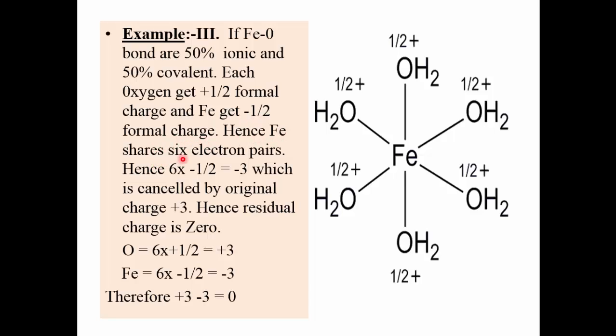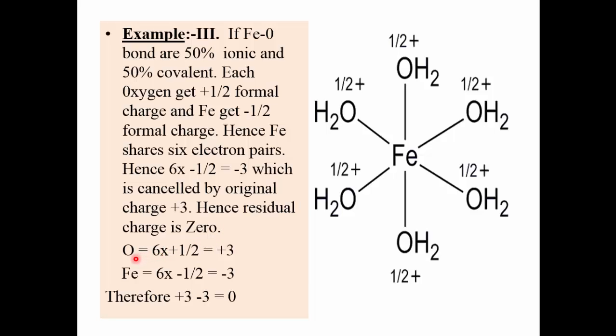Hence iron shares 6 electron pairs. Therefore 6 into -½ becomes -3. And on iron there is the original +3 charge and therefore +3 -3 becomes 0. So the residual charge on iron is 0.